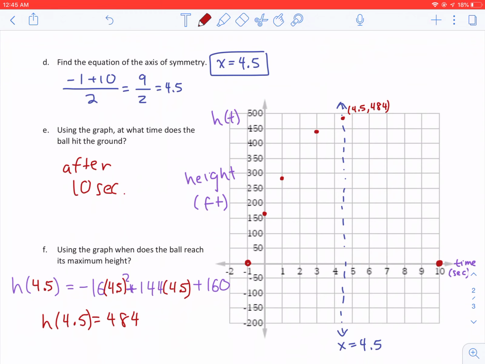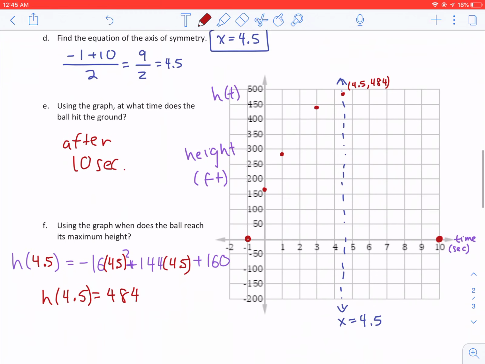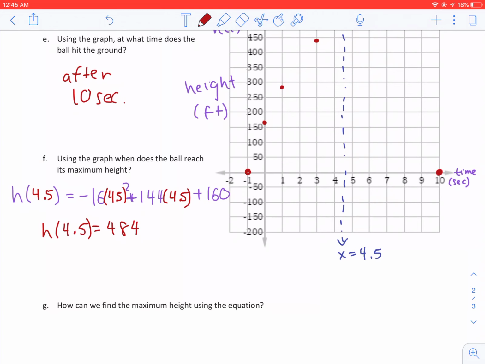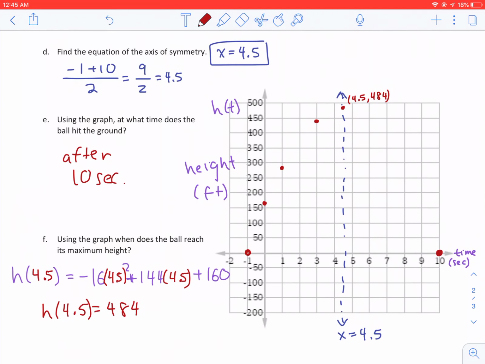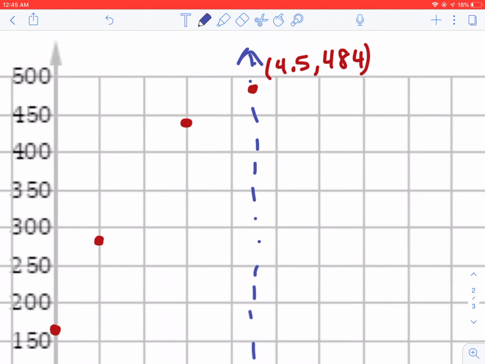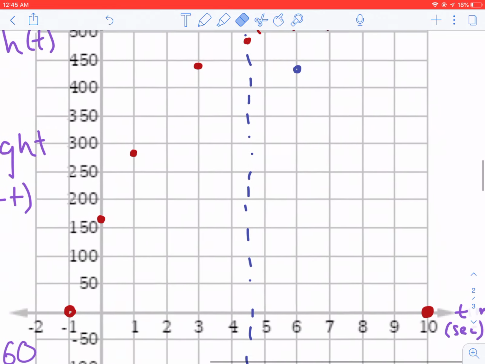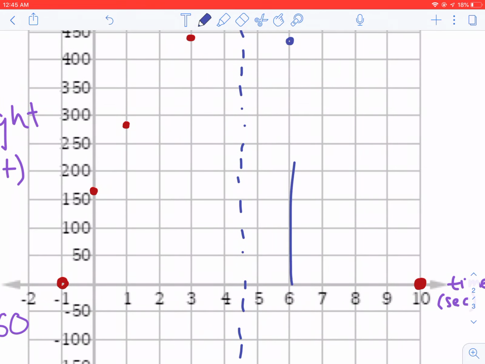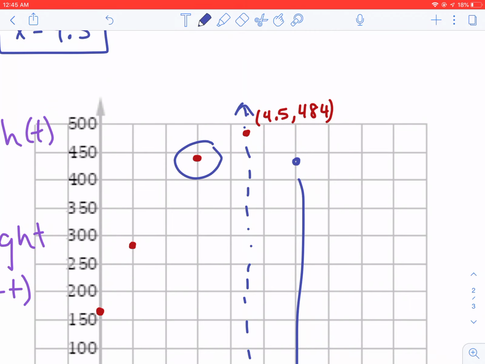Alright, so at this point we can connect all the dots, and that would be a very nice parabola. I don't have a lot of points though, but I know if that's my axis of symmetry, by symmetry, if that's a point, then that's also a point, right? And if you want to make sure, you can plug in a 6, and you should get the same height.